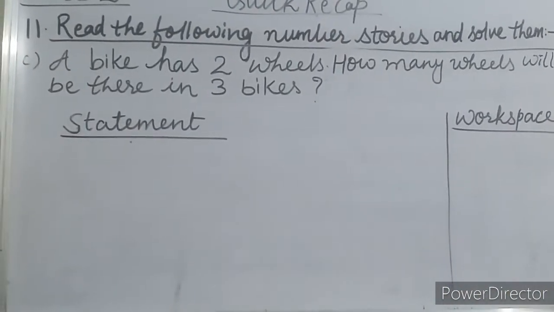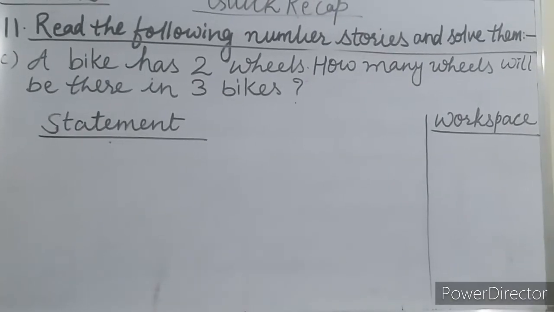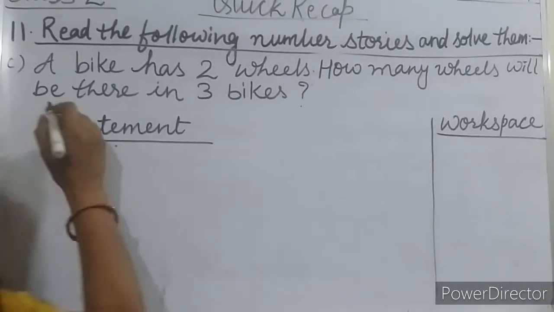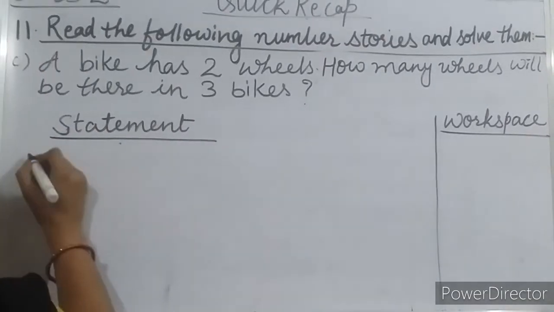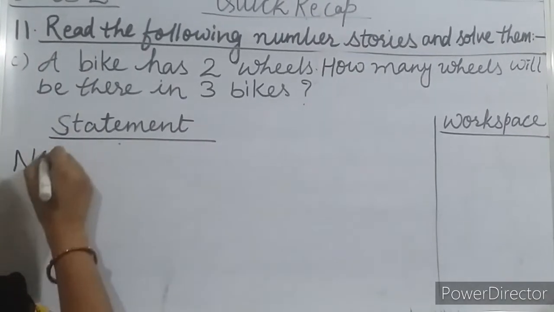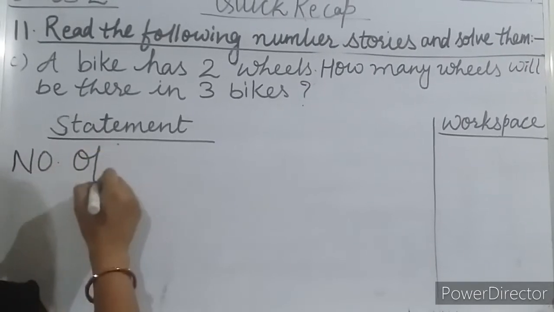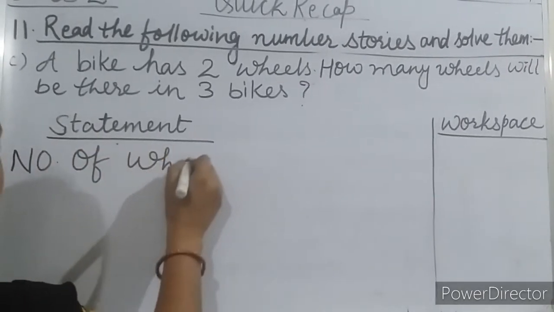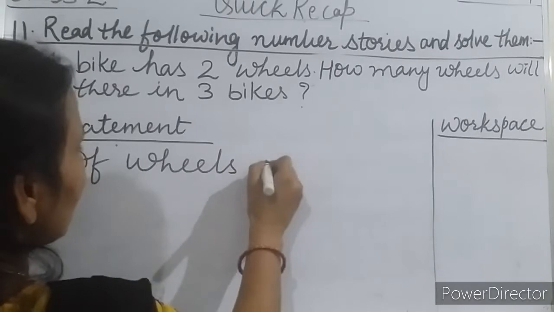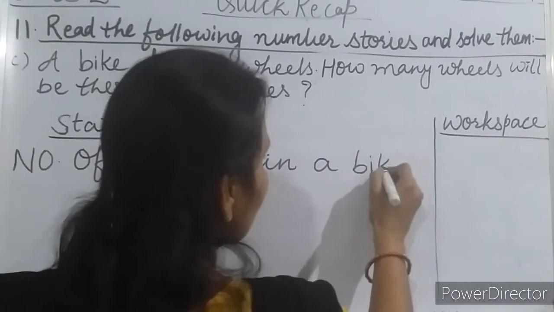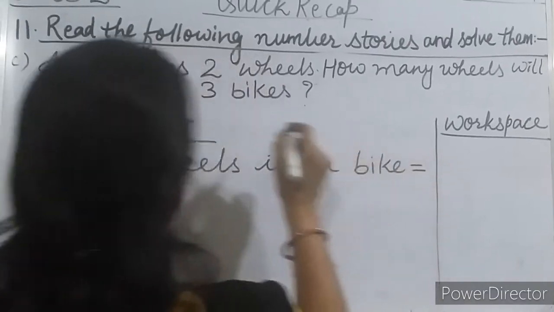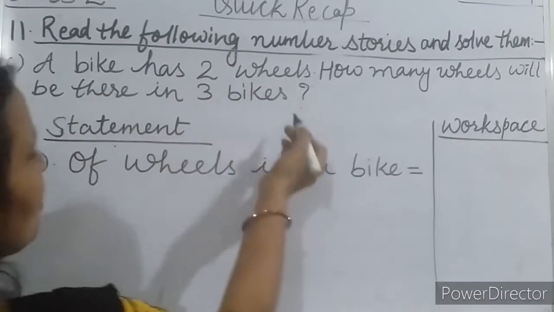So what do you have to do in this word problem, students? Just see, a bike has 2 wheels. So what do you have to write? Number of wheels in a bike. So how many wheels? A bike has 2 wheels.